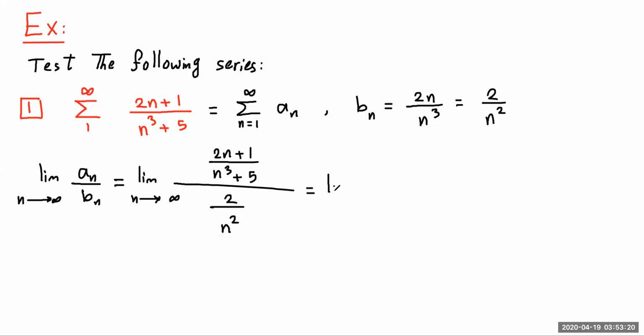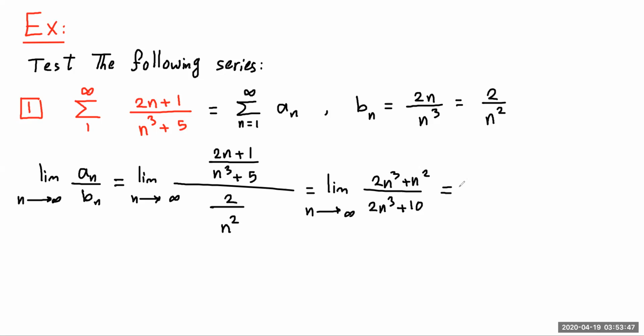So it's equal to the limit. Let's take n power 2 up. So it's 2n power 3 plus n power 2 over 2n power 3 plus 10 when n goes to infinity. So the answer will be 2 over 2, it's 1.